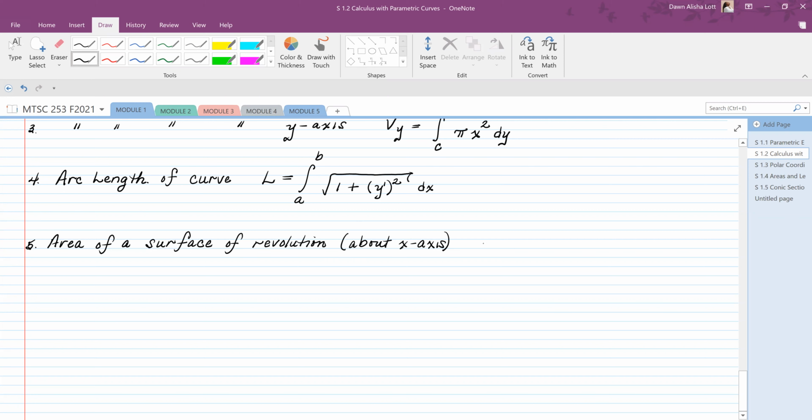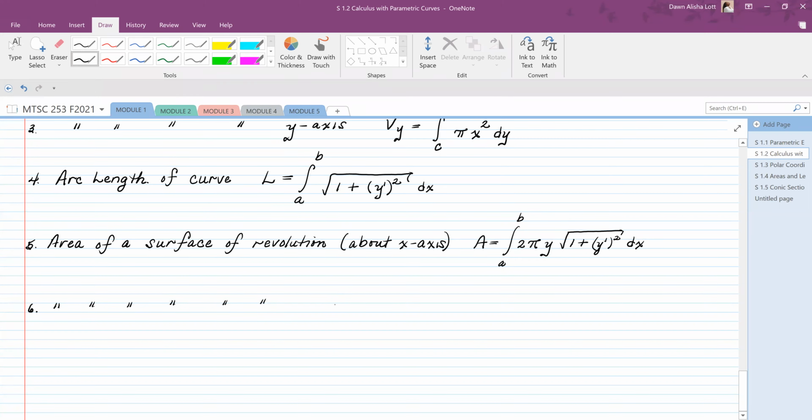So that area is the integral from a to b of 2 pi, the radius was just y, and then we use the square root of 1 plus y prime squared dx, the area of a surface of revolution.